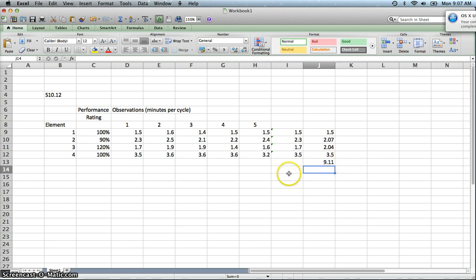Now we need to do one more thing in regards to standard time. So we would be able to expect that if we were to do this test, the average person should be able to do it in 9.11 minutes. However, we need to build in some allowance.